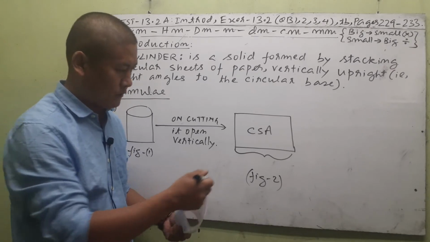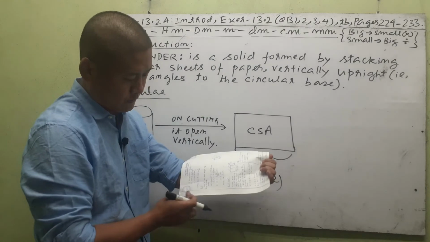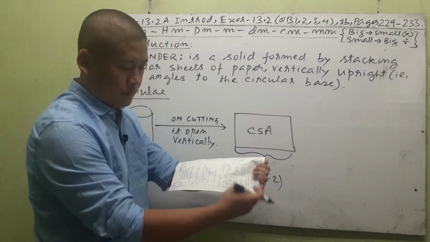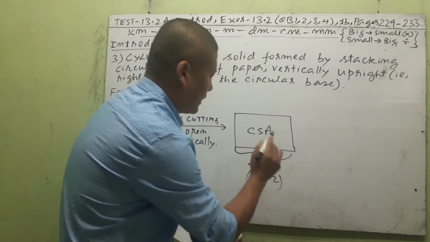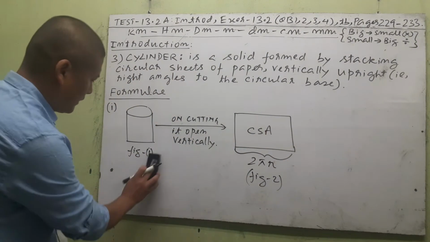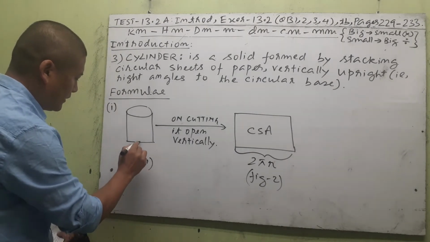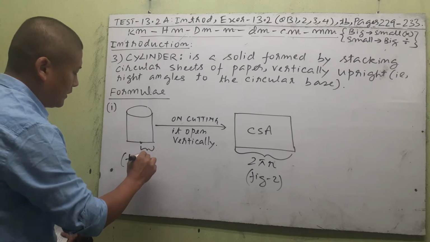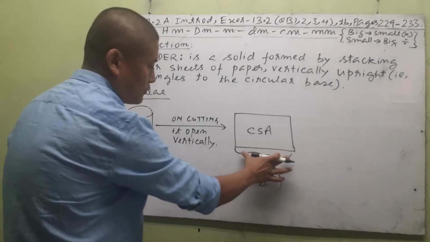When it was cut open, the distance does not change. So this was the circumference, and the circumference of a circle is 2 pi r. If this cylinder has radius r, from here to here, and this is the height h, then this length was 2 pi r.